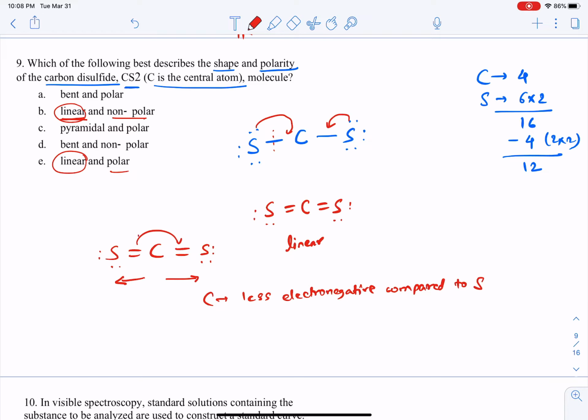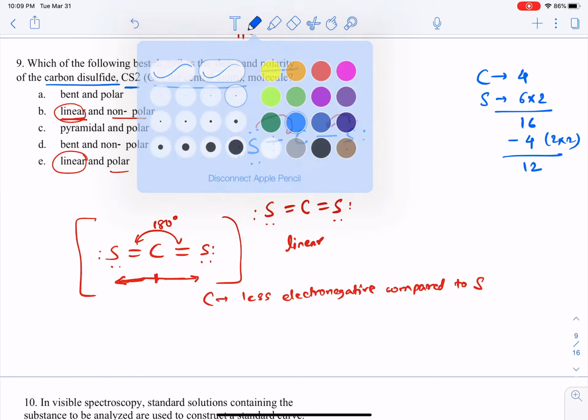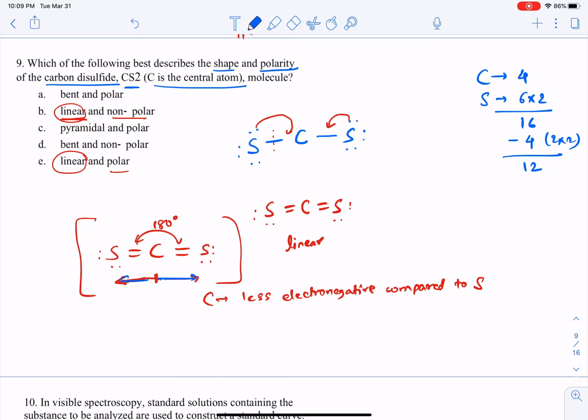But since the angle between them is 180 degrees, the molecule itself will cancel out the charges. They are equal and opposite, like 2 horses pulling something in opposite directions. So the overall polarity is 0. That means it's non-polar.